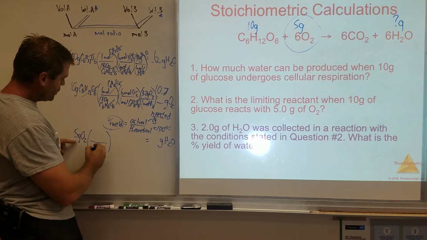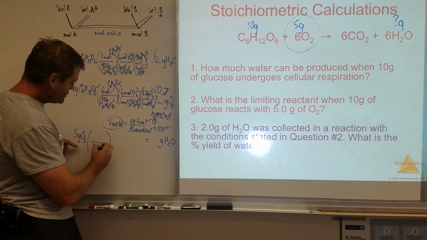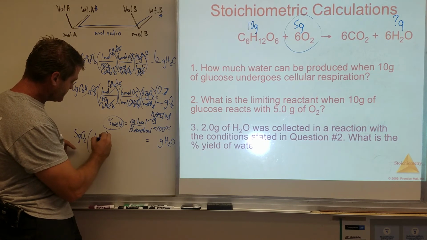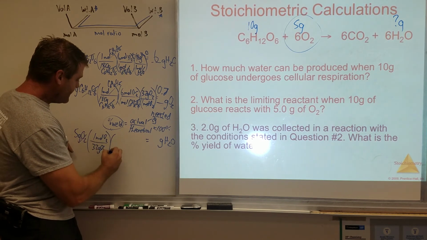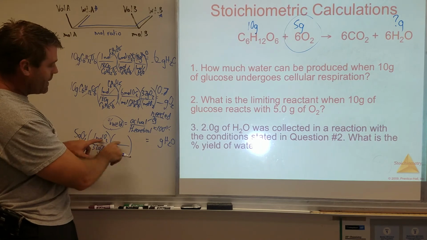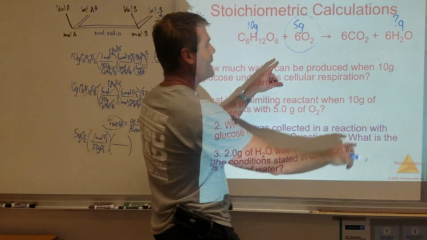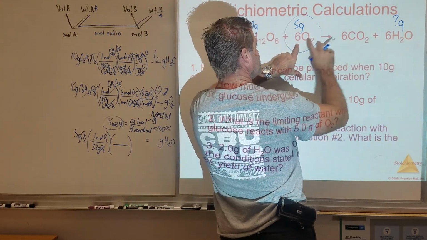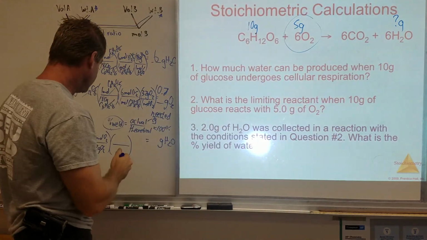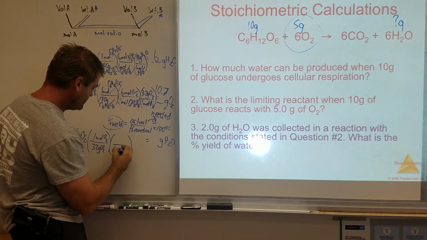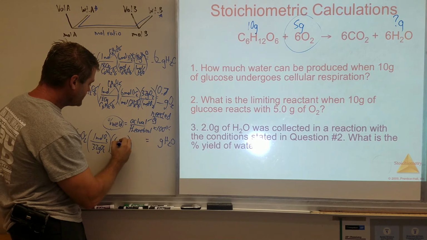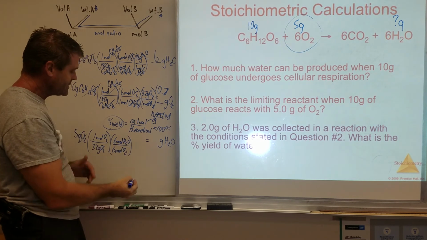When in doubt, convert to moles. 32 grams of oxygen is 1 mole of oxygen. Okay, and then you remember how I go from oxygen to water. I use the mole ratio. You guys see what the mole ratio is this time? It's 6:6. It's 6 moles of oxygen for every 6 moles of water. It's a 6:6 or 1:1 ratio.